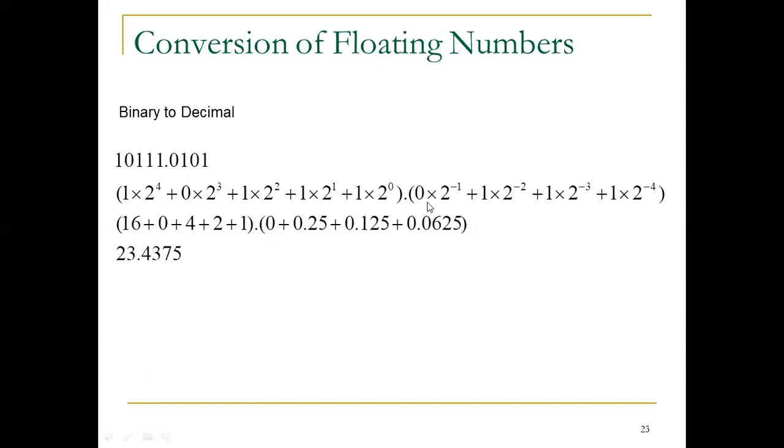So it is 0 into 2 raised to minus 1, plus 1 into 2 raised to minus 2, plus 1 into 2 raised to minus 3, and 1 into 2 raised to minus 4. So when you solve this, you will get 0.4375, and the integer part we have already seen. So if you combine it, 23.4375 is the equivalent decimal number of this binary number.